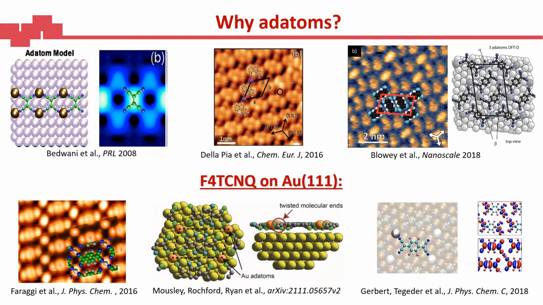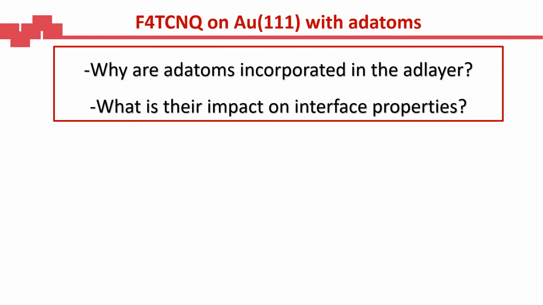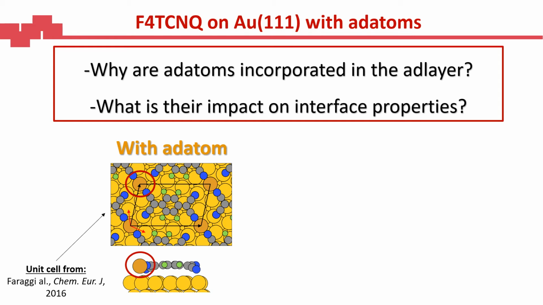And one system that is very well known for incorporating adatoms within the molecular adlayer is F4TCNQ adsorbed on the gold 111 surface. Now, since for this system there is so much experimental and also theoretical evidence that the gold adatoms are part of the F4TCNQ adlayer, we found it would be interesting to know why the adatoms are in the adlayer and also what their impact is on the physical properties at the interface, such as the work function or the adlayer metallicity.